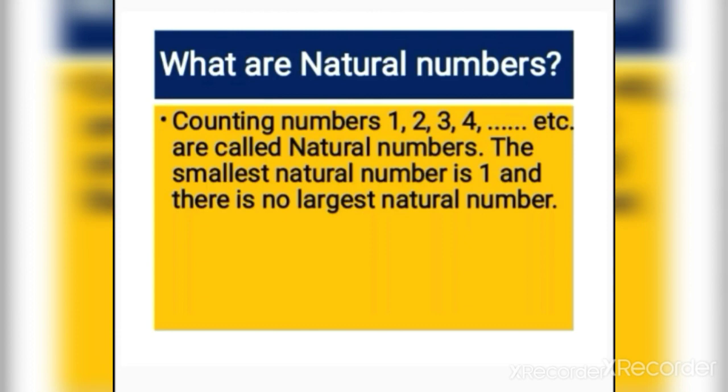There are two numeration systems in which we can write numbers. The first one is the Indian numeration system and the second one is the International numeration system. In this chapter, we will learn how to write numbers in the Indian numeration system.